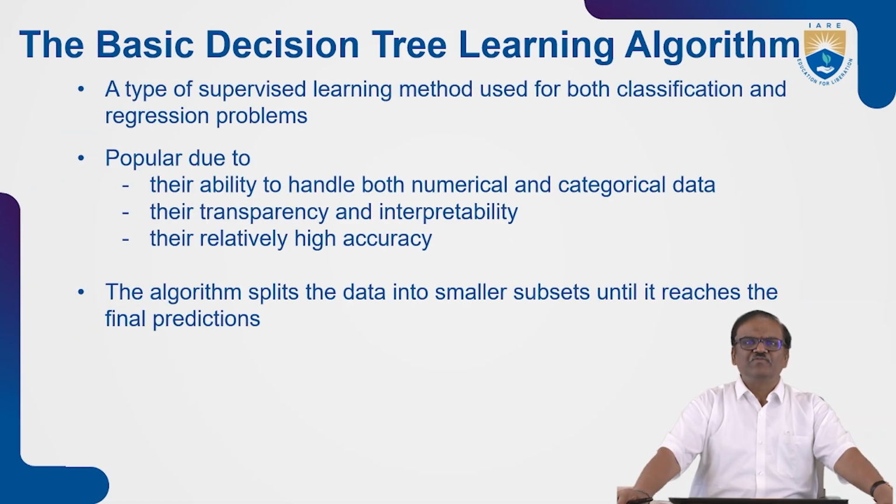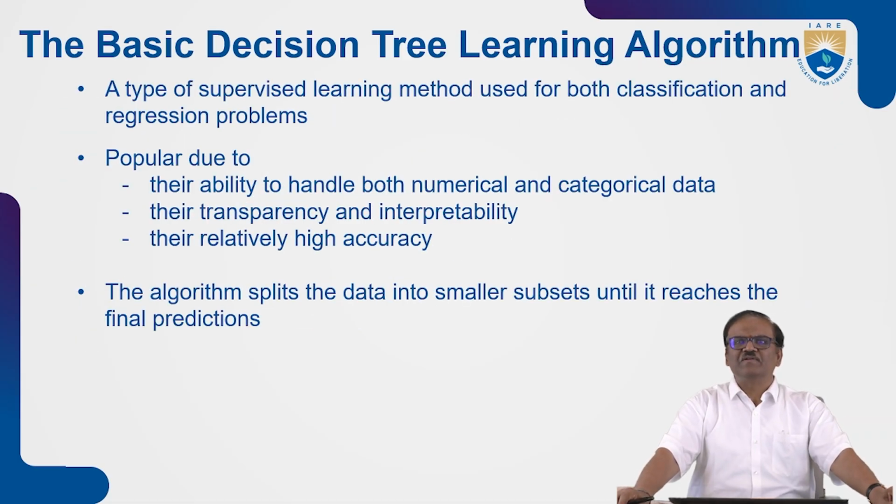It is a type of supervised learning method used for both classification and regression problems, popular due to their ability to handle both numerical and categorical data, their transparency and interpretability, and their relatively high accuracy.